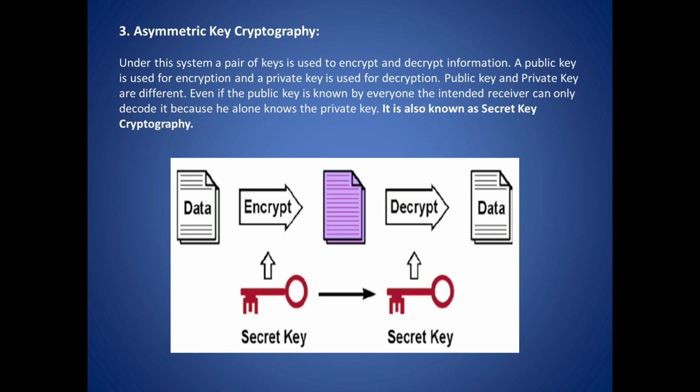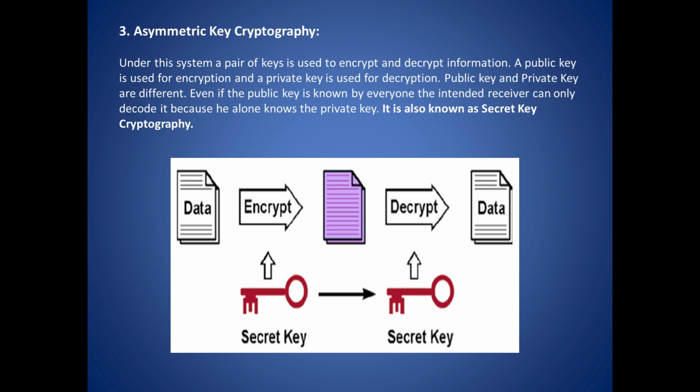So unlike in symmetric key, in asymmetric key cryptography we have two types of keys. The public key is known to everyone, and the intended receiver can only decode it because he alone knows the private key.